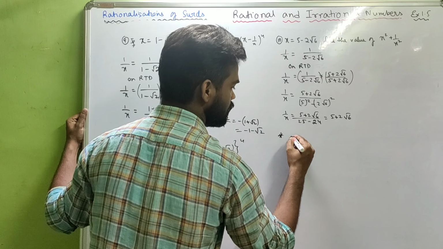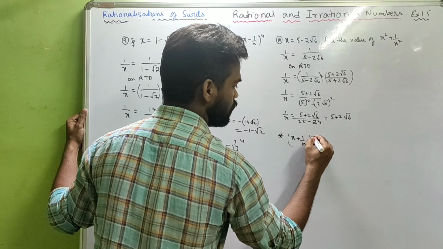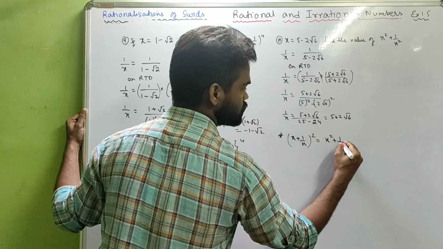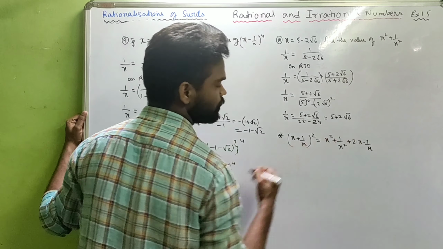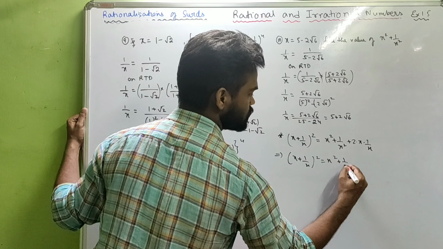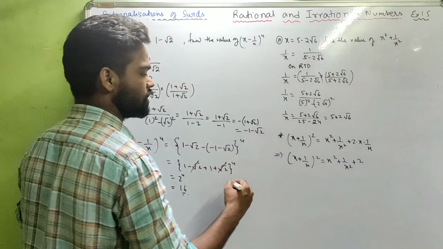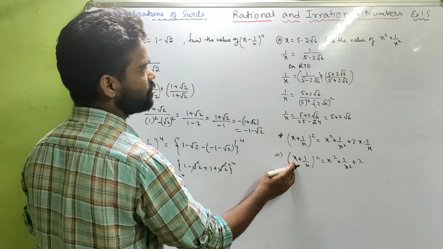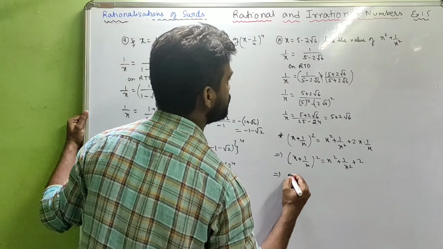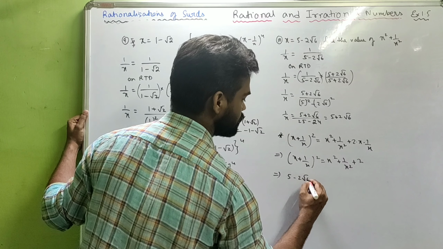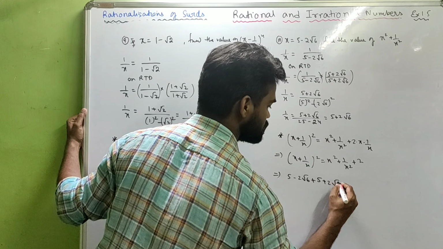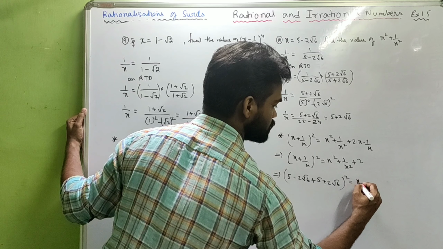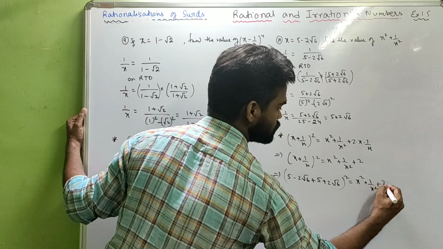We know (x plus 1 by x) whole square is equal to x square plus 1 by x square plus twice this, which means I can write (x plus 1 by x) whole square equals x square plus 1 by x square plus 2. Just substitute the value. Instead of x I'll write 5 minus 2 root 6, plus 1 by x I'll write 5 plus 2 root 6, whole square is equal to x square plus 1 by x square plus 2.